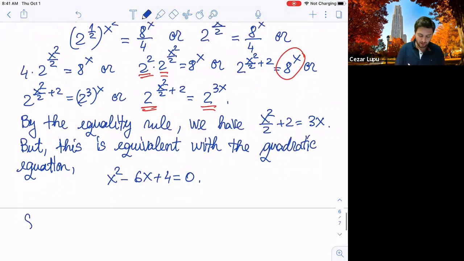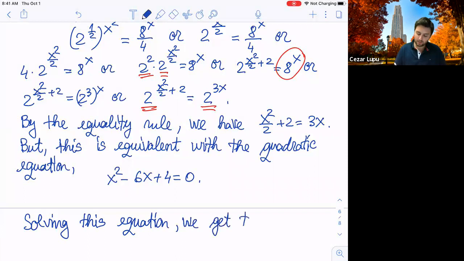And again, I'll leave it to you as an exercise, solving this equation. So you know how to solve a quadratic equation, I believe, by now. And I hope you do, because this is a prerequisite for this course. Solving this equation will give us the following two solutions.